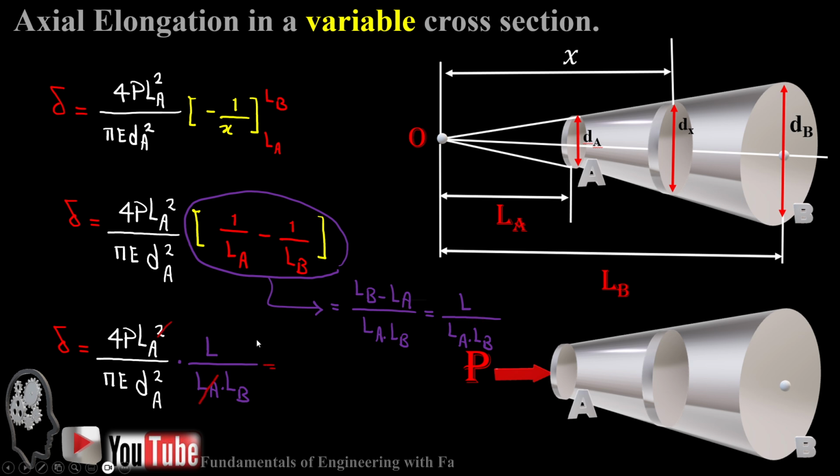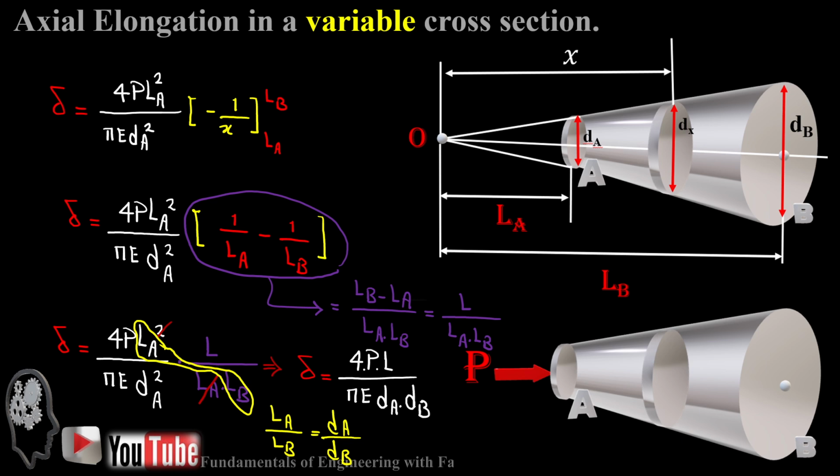And then if you cancel out one of those L_A in the numerator with the denominator, and we do know that the length of A over length of B is equal to the diameter of A over diameter of B, then delta is 4 times P times L over pi times E times d_A times d_B.